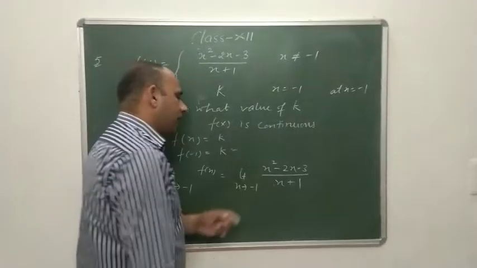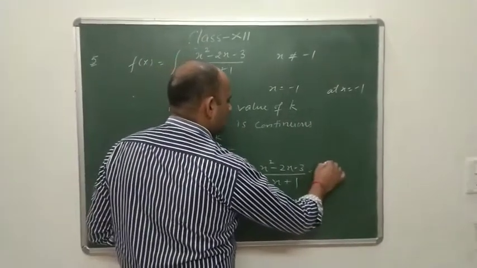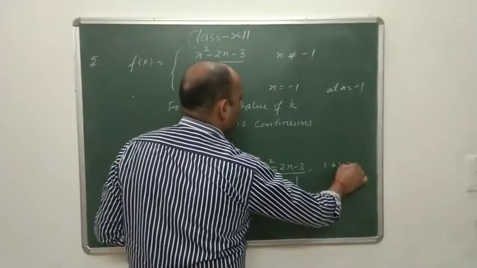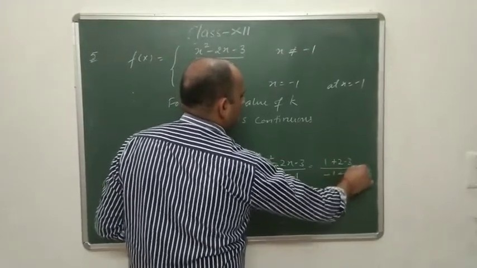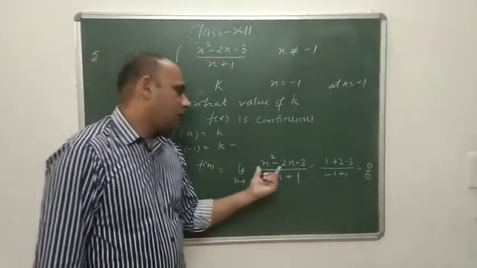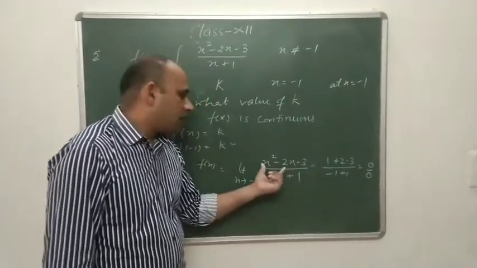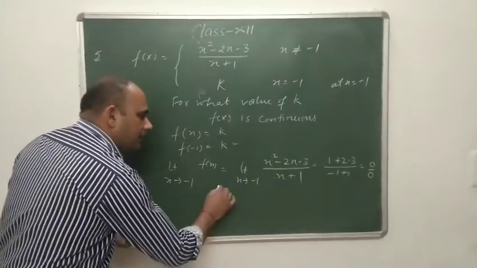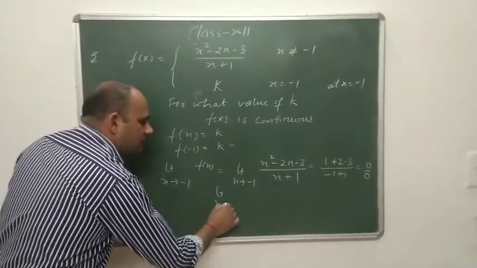If we put minus 1 directly, then the result is 1 plus 2 minus 3 upon minus 1 plus 1. It is 0 by 0, meaningless. So we will make its factors, by splitting the middle term.